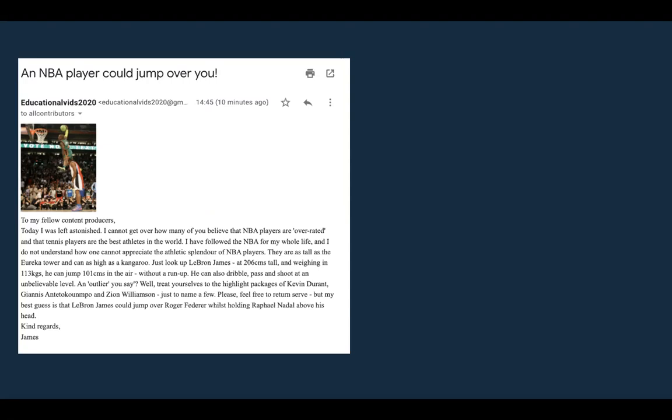An outlier, you say? Well, treat yourselves to the highlight packages of Kevin Durant, Giannis Antetokounmpo, and Zion Williamson, just to name a few. Please feel free to return serve, but my best guess is that LeBron James could jump over Roger Federer whilst holding Rafael Nadal above his head. Kind regards, James."